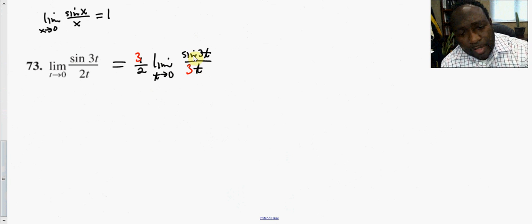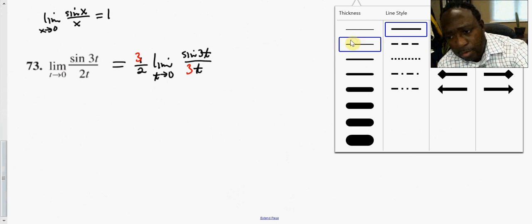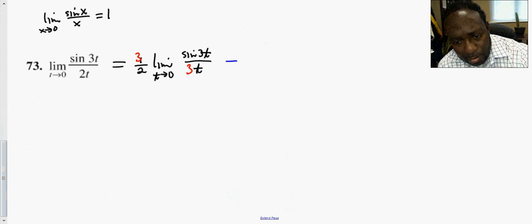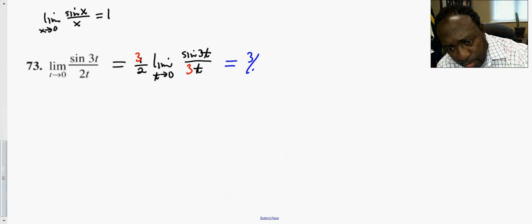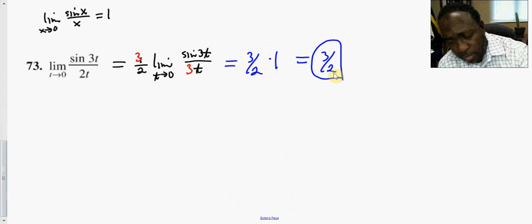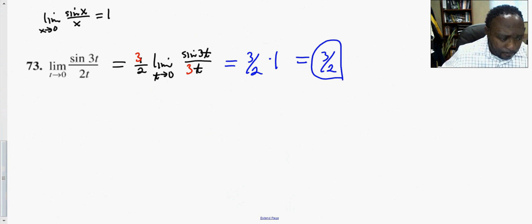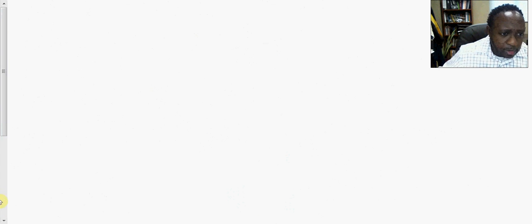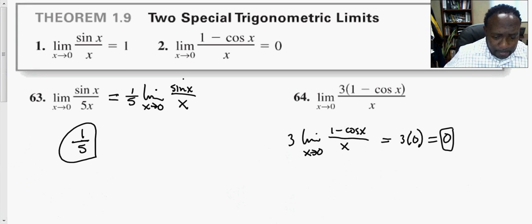So now the limit of sine 3t over 3t as t goes to 0 is indeed 1, times 3 over 2. So this is 3 over 2 times 1. And so the answer is 3 over 2. And I want to say that's it. Yeah, that's it. Thank you.